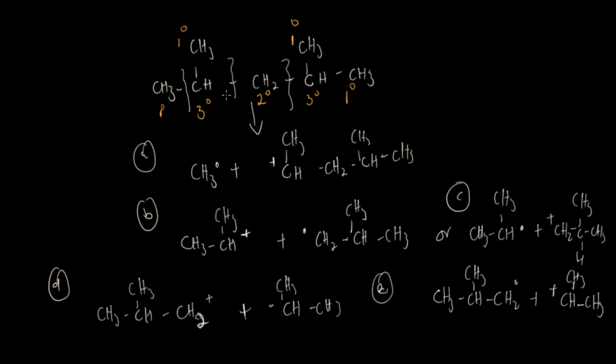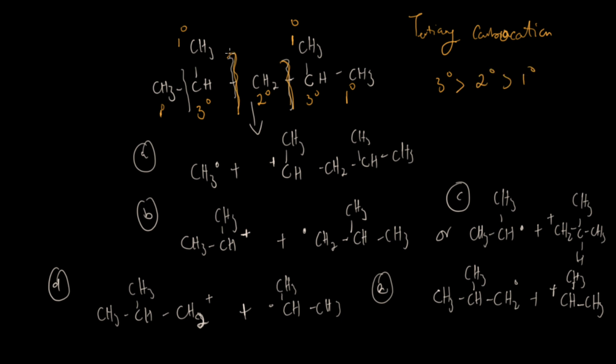Fragmentation would most likely occur here or here, because they are higher degree carbons, and this is due to the stability of the carbocation. Tertiary carbocations are more stable than other carbocations: tertiary is greater than secondary, greater than primary.